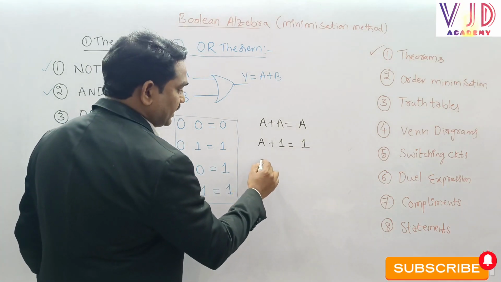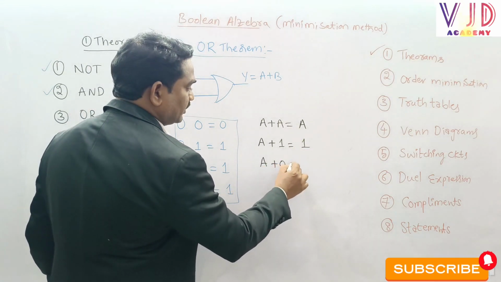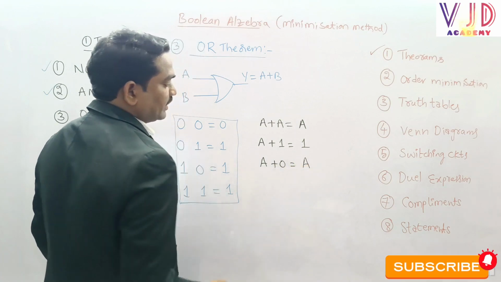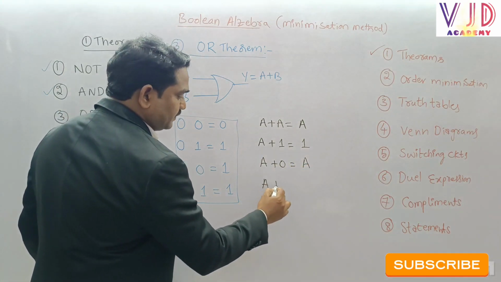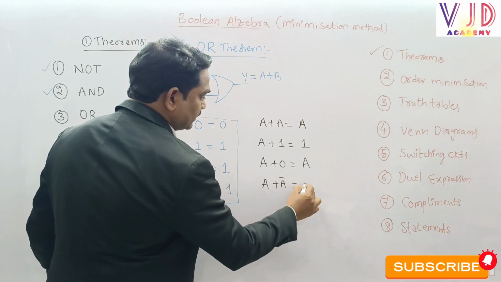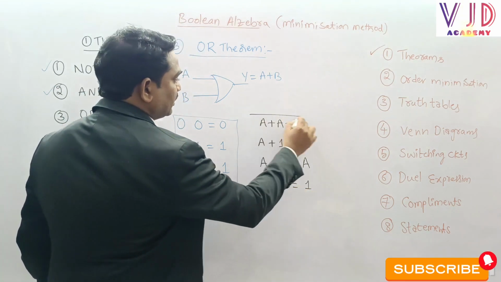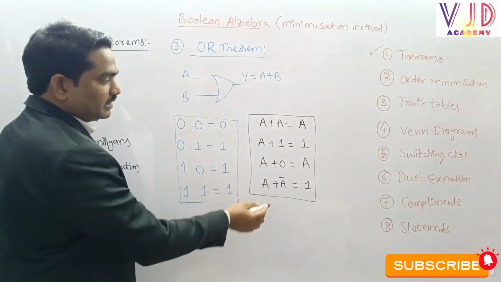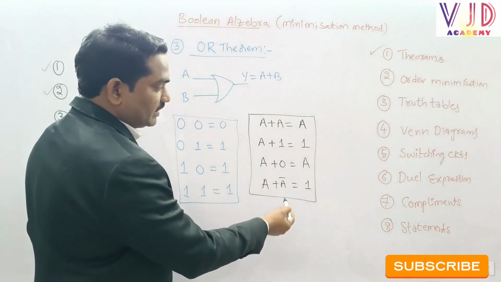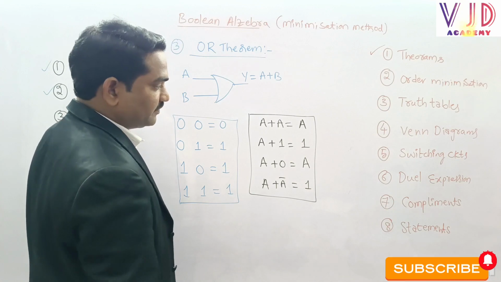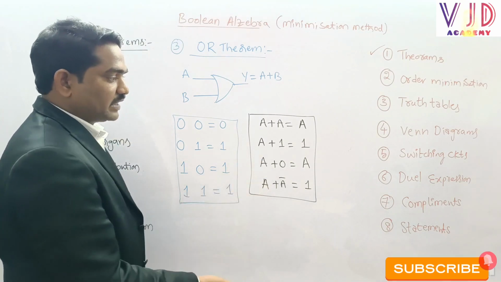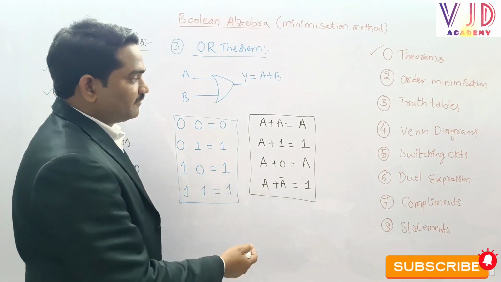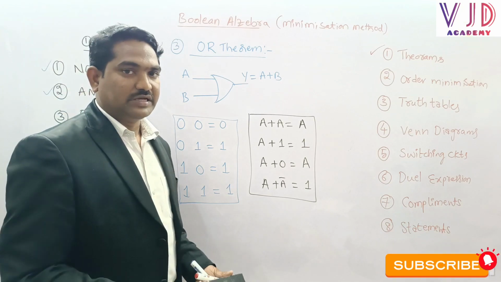And also when we add A plus 0, the output is A. And now when we add A plus A bar, the output is 1. So this is the theorem of the OR gate. We just need to remember these four theorems so that we can use these four statements when we minimize any logical expression.